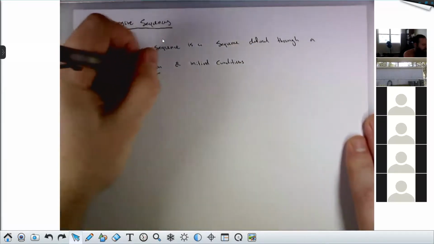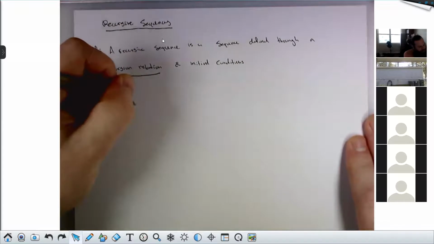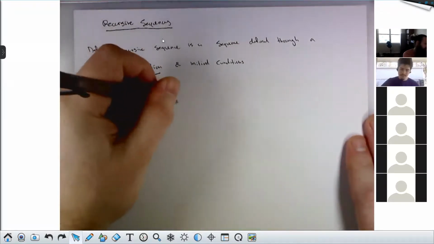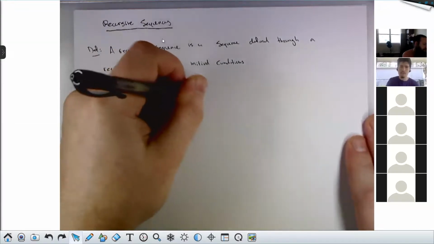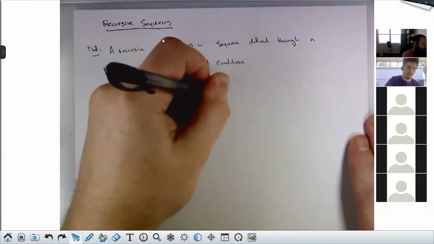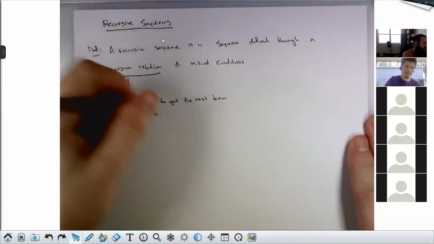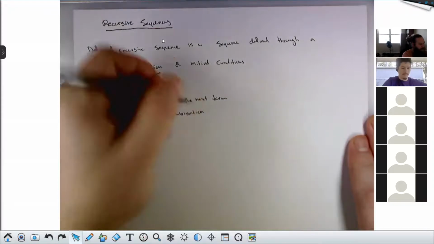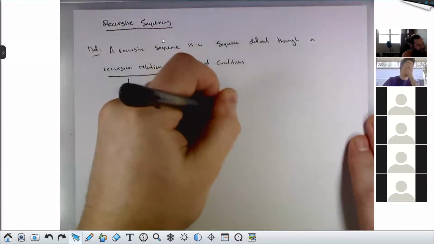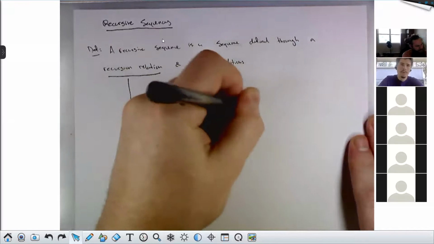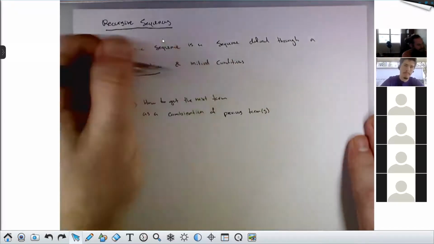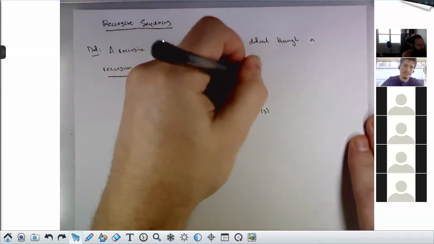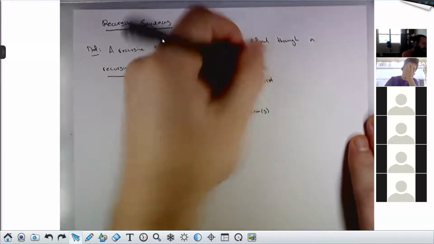A recursion relation tells you how to get the next term as a combination of previous terms. And initial conditions tell you the first few terms.